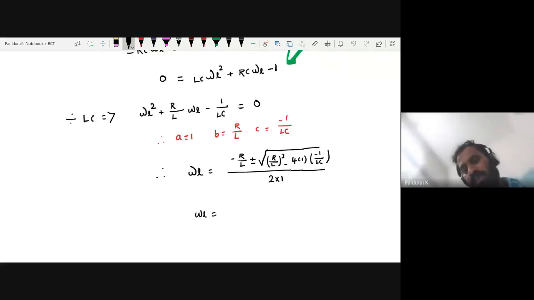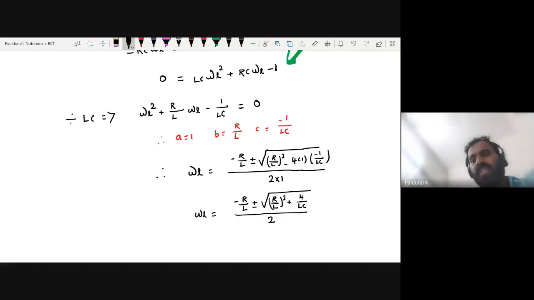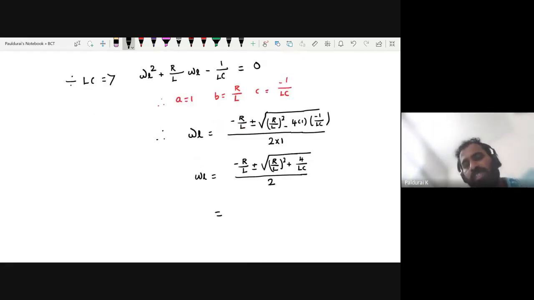Omega L equals minus R by L plus or minus square root of R by L the whole square, this minus minus becomes plus 4 by LC, divided by 2. Now I want to bring this denominator 2 to the numerator, so it can be written minus R by 2L, right?